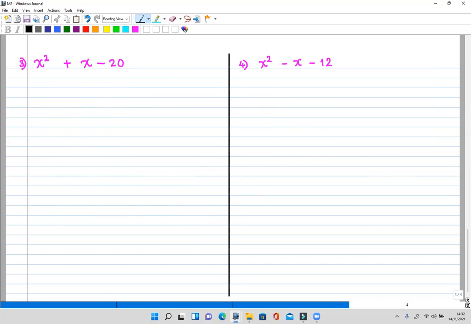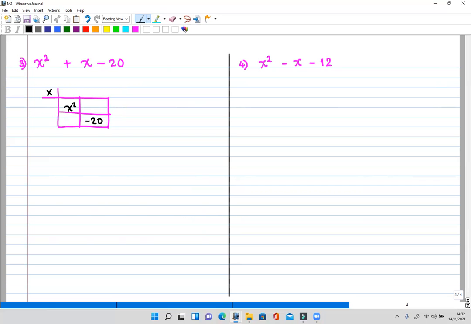Let us now look at examples number 3 and 4 to master the whole of this. Okay. Create a table, step 1. Step 2, write times here, write x squared, and write -20. Okay.